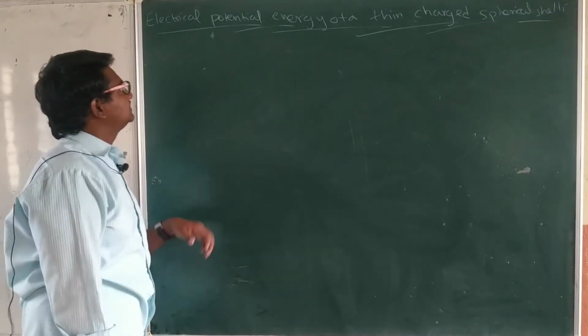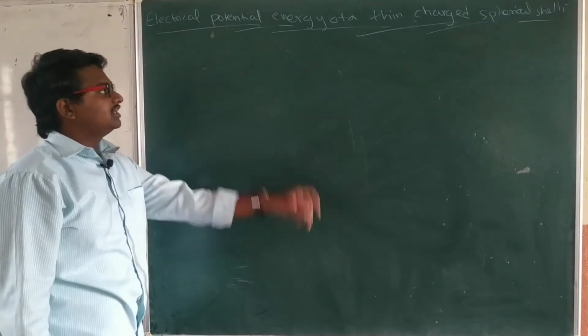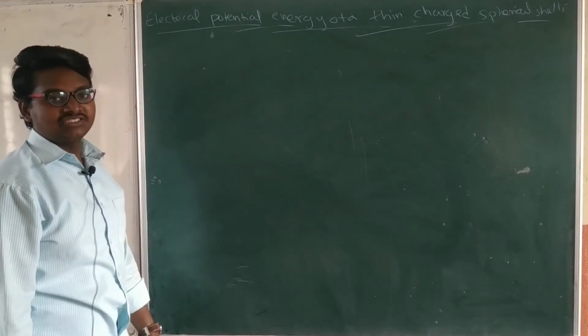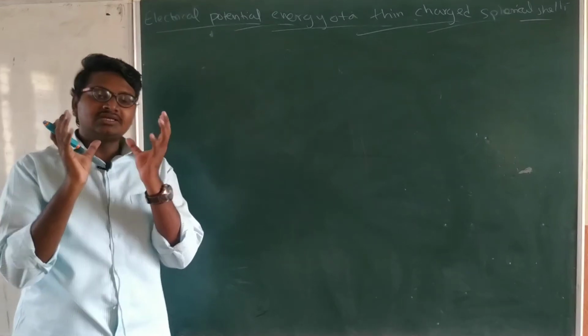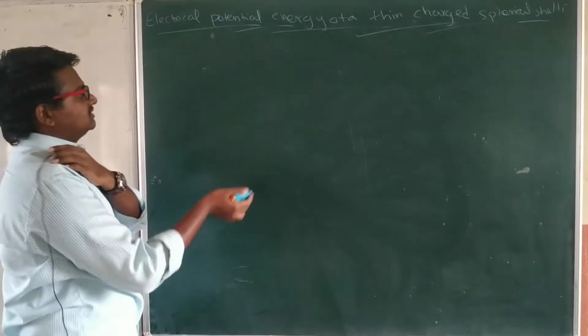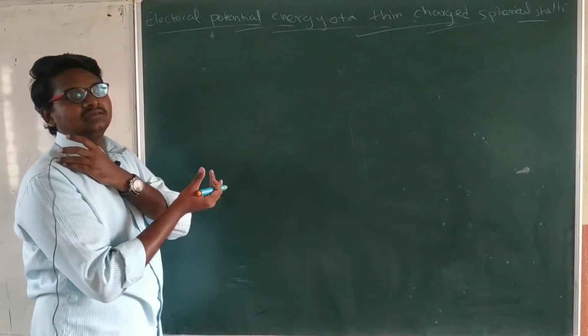Alright, now let's discuss the electrical potential energy of a thin charged shell. Just before, we discussed a charged solid sphere, but this time we are going to discuss a thin spherical shell, which is empty inside, there is empty space inside the shell.